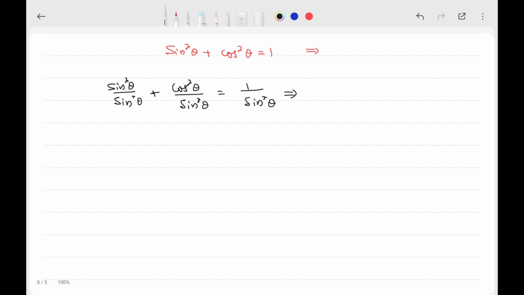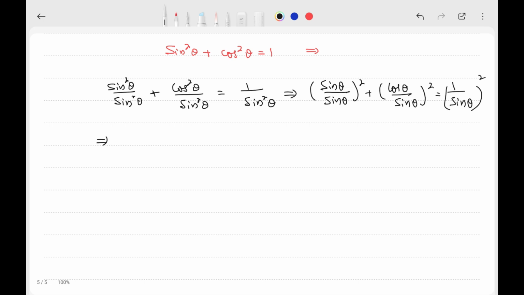That implies sin theta by sin theta whole square plus cos theta by sin theta whole square is equal to 1 by sin theta whole square.